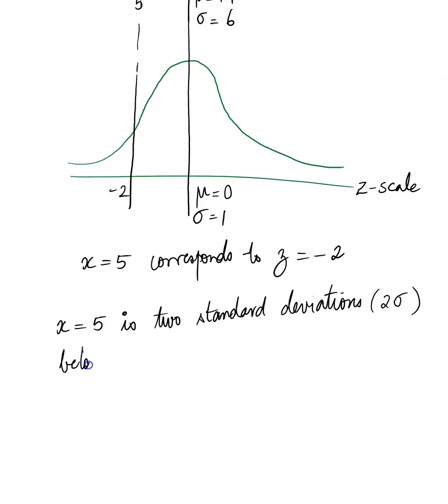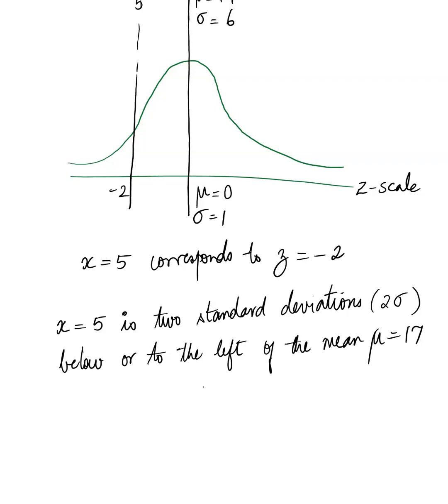So 2 sigma below or to the left of the mean, mu equals 17. Right? You know that when you position things, 5 is to the left of 17. But how far is it from 17? That information comes from the standard deviation. So when you measure in terms of standard deviation, that makes perfect sense, especially here, because the standard deviation is 6 when you talk about the x scale.